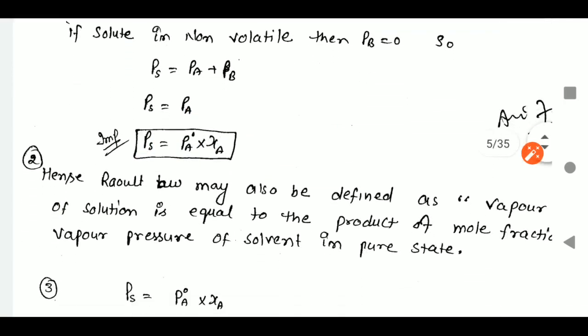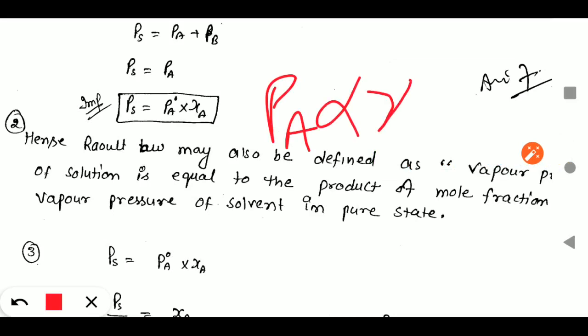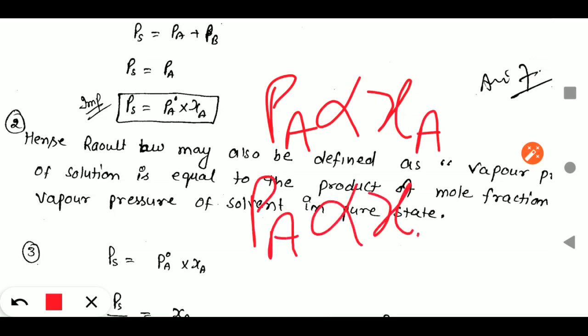Okay, is it clear? Yesterday we discussed Henry's law. So what was Henry's law? Henry's law states that the partial pressure of a gas is directly proportional to the mole fraction of that gas in solution, and Raoult's law says that the vapor pressure of a component is directly proportional to the mole fraction of that component.